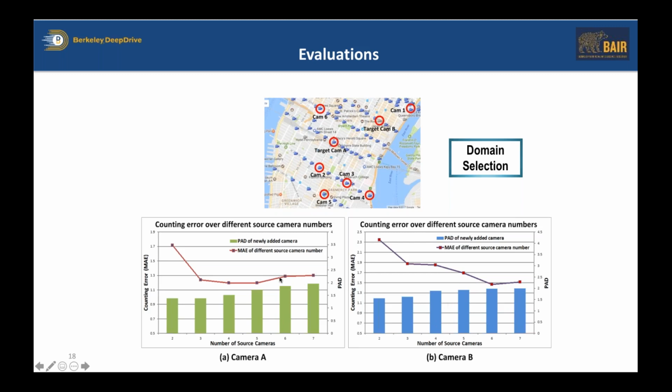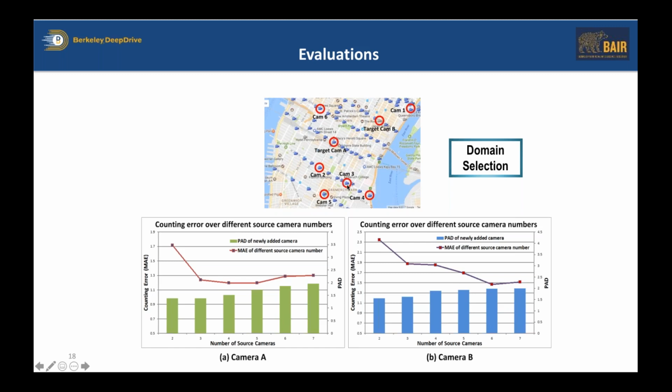This is because when you already have a lot of labeled source cameras, and if you keep increasing the source cameras that are very different from your target camera, like the highway camera is very different from this target downtown camera, if you keep adding this labeled data into your training data, it can even hurt the performance on the target downtown camera.